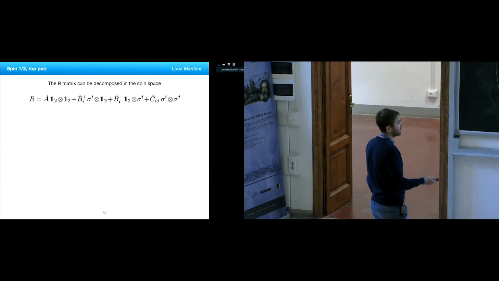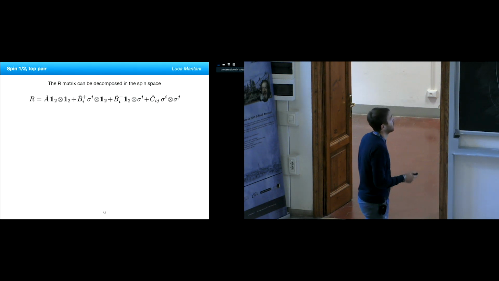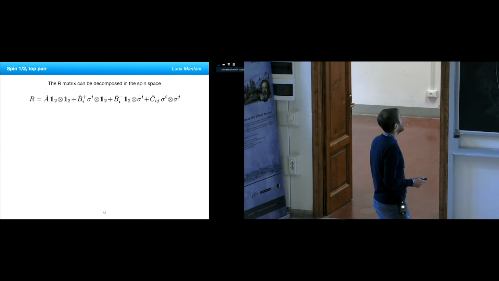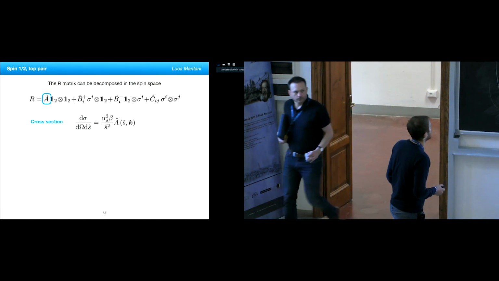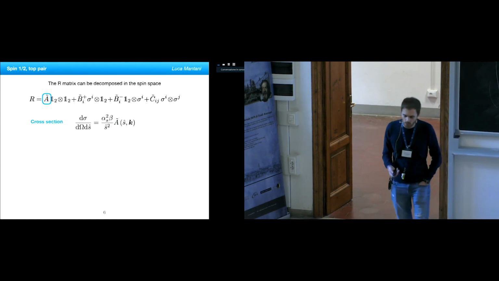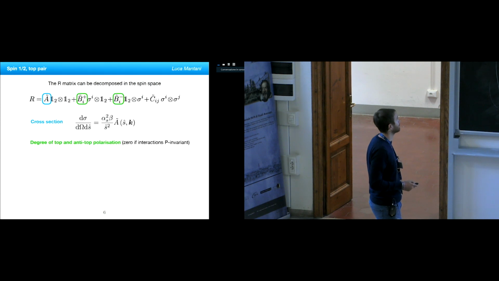In the particular case of the top pair, we have spin 1/2, so the Gell-Mann matrices are the Pauli matrices. The first term here, this A tilde, is basically describing the usual differential cross-section we deal with when we count events. Then we have the degree of top and anti-top polarization, and if the interactions are CP invariant and P invariant, they are 0.